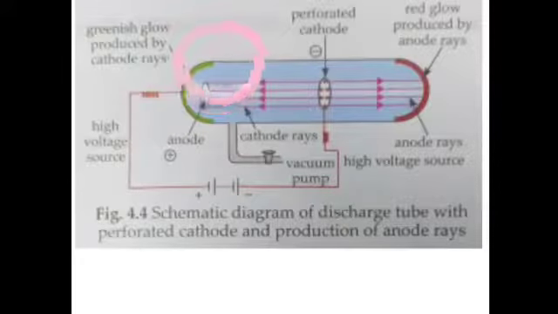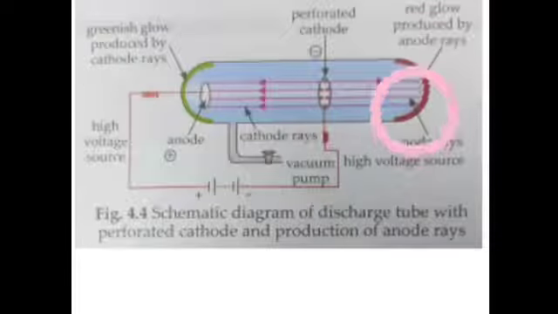Here the green glow that you can see is produced by the cathode rays, and this red glow produced by the anode rays was in the exact opposite direction. So this proved that they consist of positively charged particles called protons.